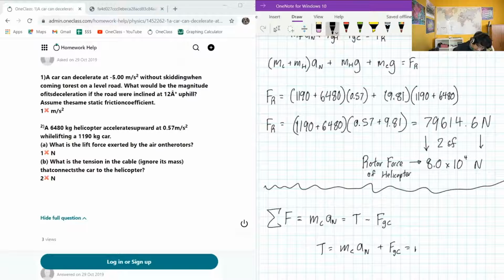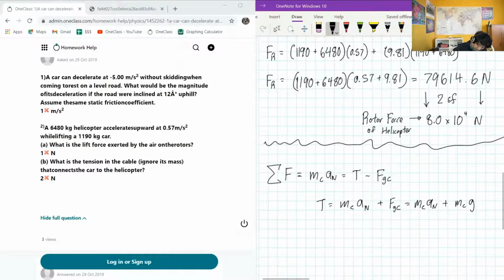And we know that the gravitational force is the mass of the car multiplied by gravity, factoring out the mass, so we can get a calculation like this. Is equal to T, and let's sub in the numbers to figure out what that is.